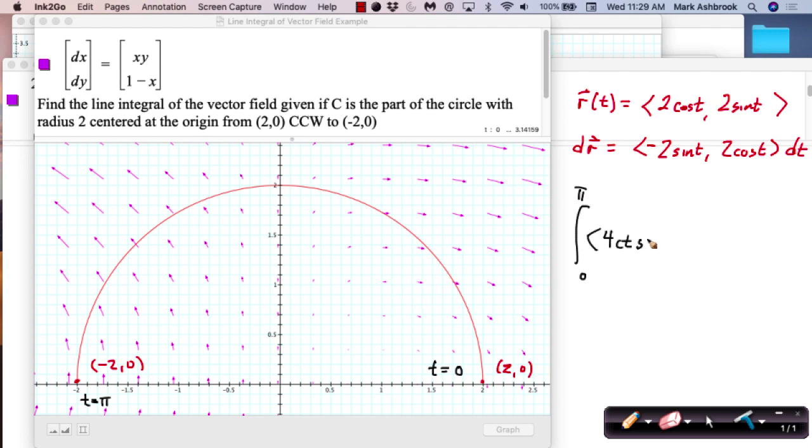I'm going to start my abbreviations here, C and S for cosine and sine. I think it's a nice trick, as long as you're in context and you know what you're looking at. So for 2 C(t), 2 S(t), and 1 minus 2 C(t), dot negative 2 sine t, 2 cosine t, dt. Did I set it up right?